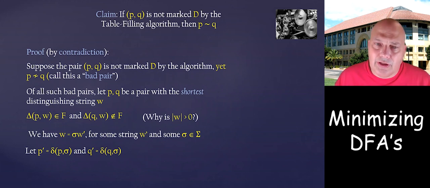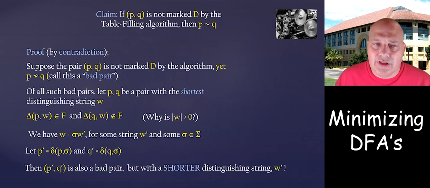One option is that these two states have been marked by our algorithm as D, distinguishable. But that's impossible, because if that happened, then we would also mark PQ with D, right? Our algorithm only stops after, when you look at every pair like PQ that is not determined, and any symbol sigma, you don't reach a distinguishable pair.